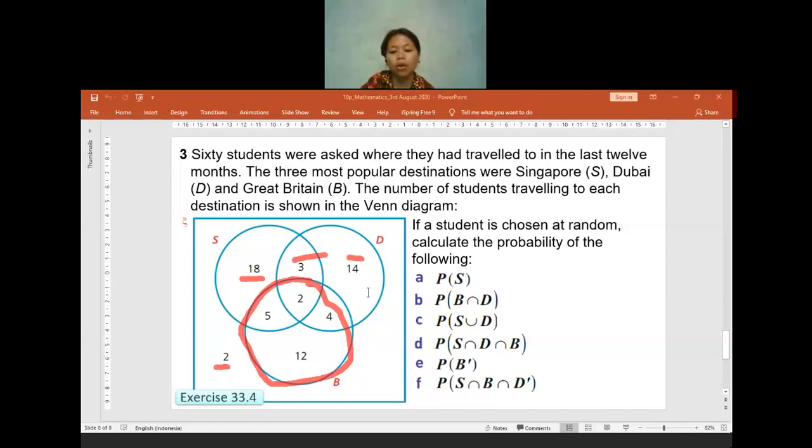And when we add all of them, it will be equal to 37. So the probability will be 37 out of 60. Is there anyone who got confused or still does not understand?